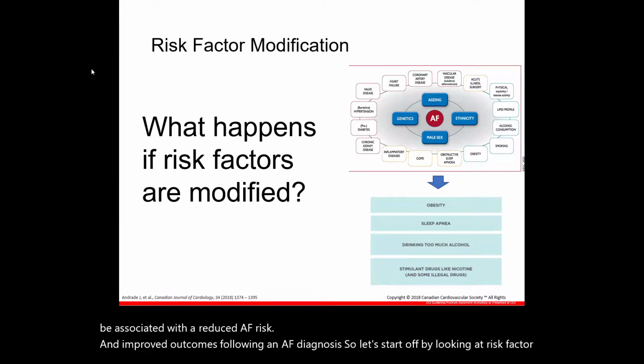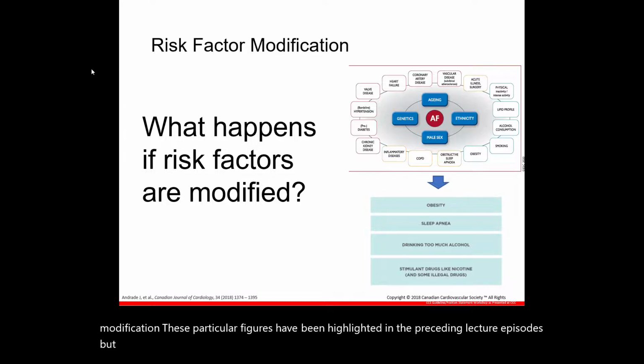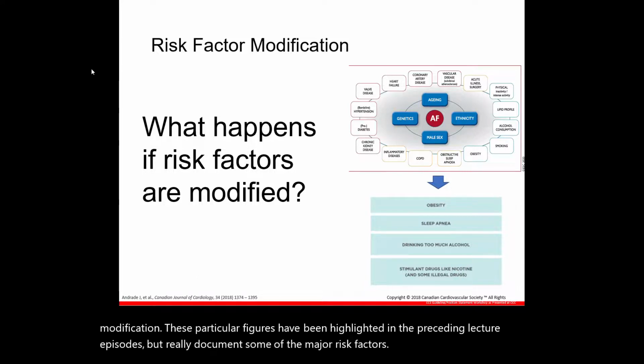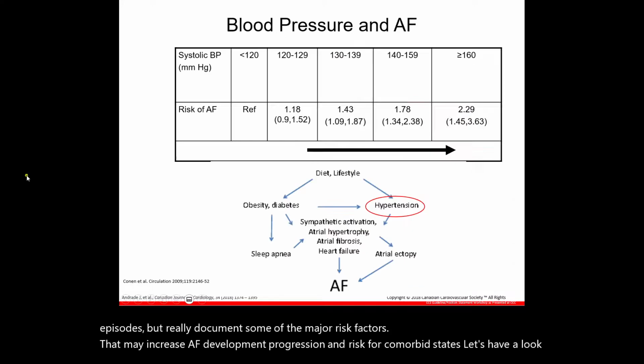These particular figures have been highlighted in the preceding lecture episodes, but really document some of the major risk factors that may increase AF development, progression, and risk for comorbid states. Let's have a look specifically at blood pressure.